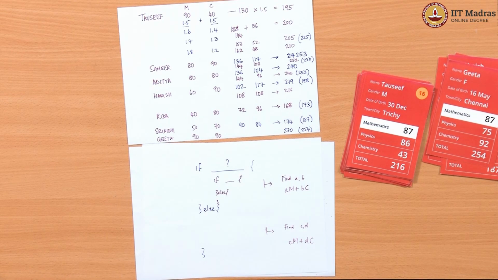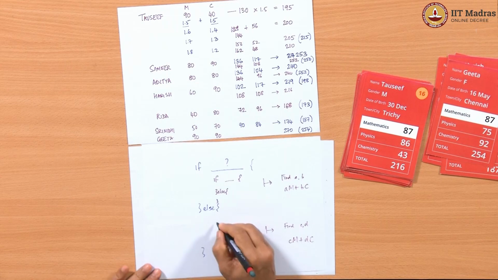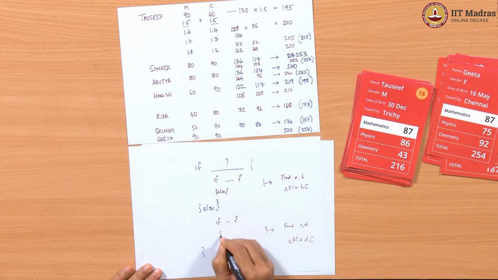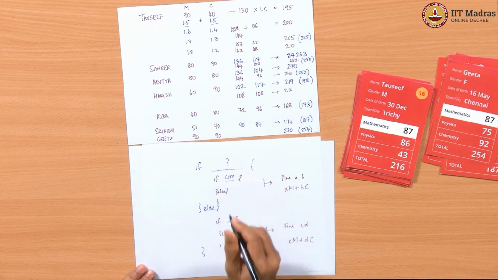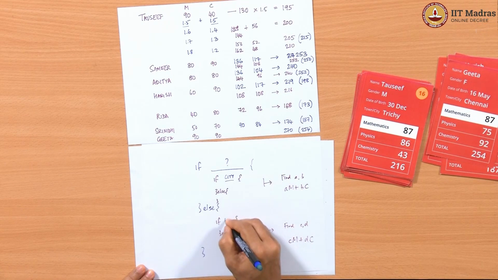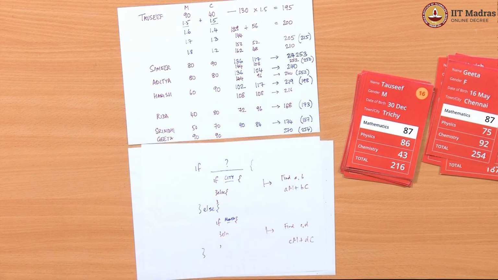In one case you could ask gender, in another case town. If we had another if here, then this question could be city, and this could turn out to be whatever, month. It's possible.